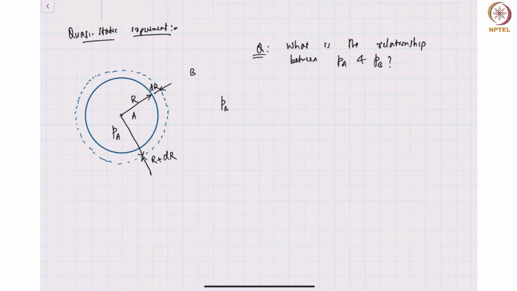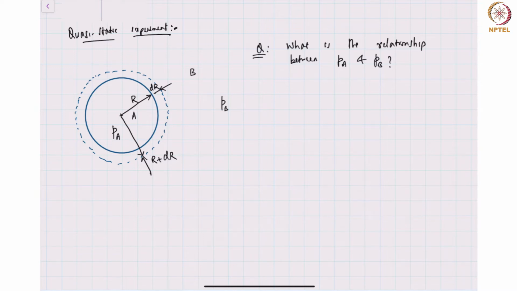Just to quickly recap, when we derived the jump conditions, we said if there was no surface tension, then the pressure across the interface is the same. There is no jump in the pressure. So if there was no surface tension, then PA would be equal to PB, right?